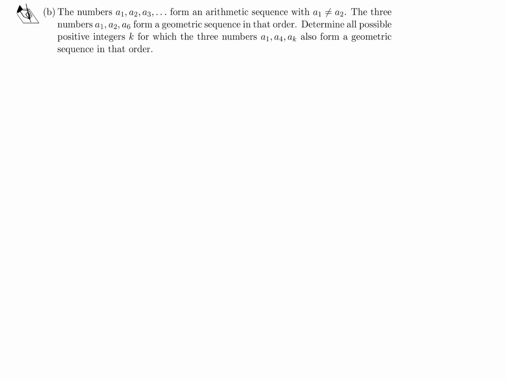All right, so we have a1, a2, a3, and so on, going up to a6. Now, it's an arithmetic sequence, so they are of the form a, a plus d, a plus 2d, a plus 3d, a plus 4d, a plus 5d.